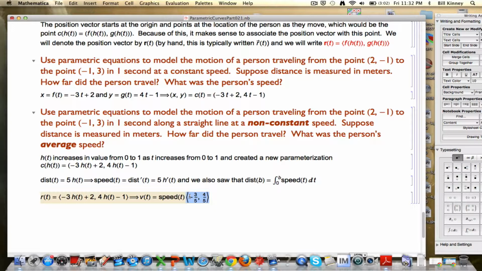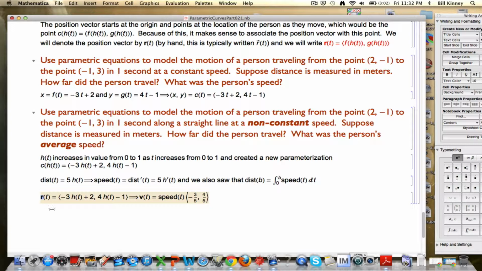The norm of the vector is 1. By multiplying by the speed, we have created a vector that points in the right direction as the motion for this motion along a straight line, and whose norm, whose length, is always equal to the speed because this one has unit length. This is a scalar, a number. Its value is equal to the norm, the length of the velocity vector.